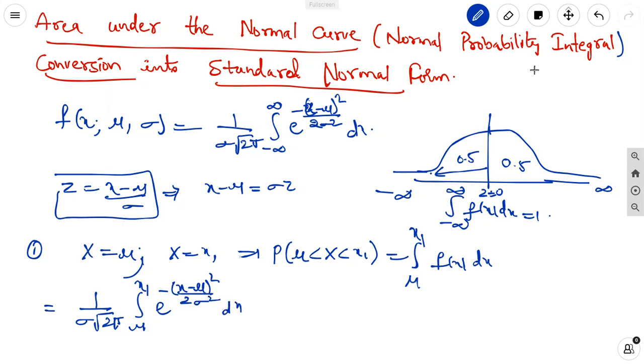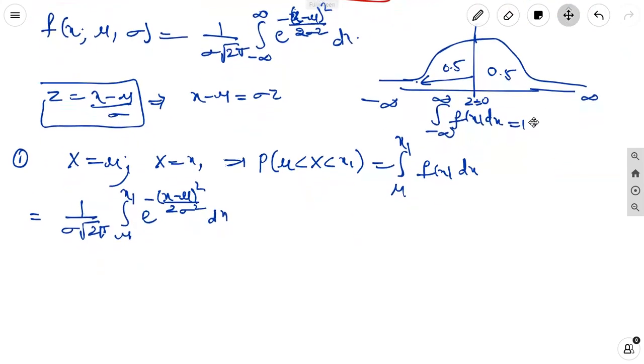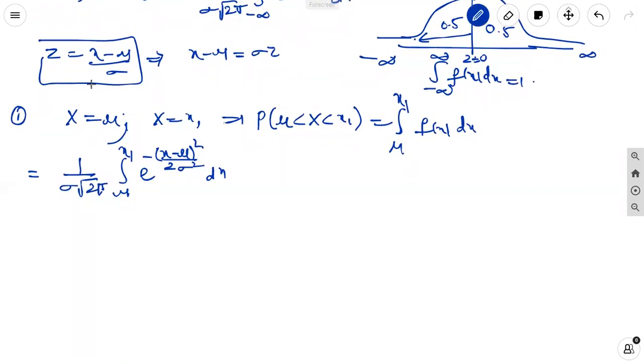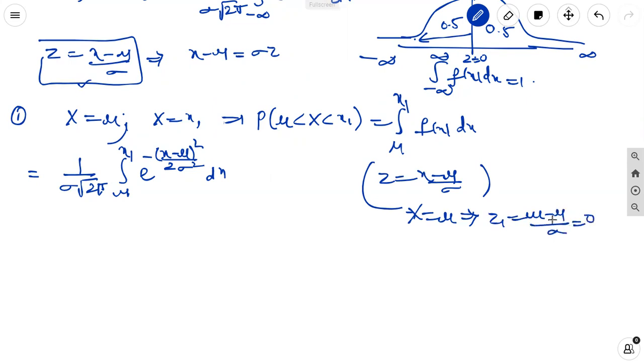From this, we can convert into standard form by taking z equal to (x minus mu) by sigma. Now we take the limits. When x is equal to mu, that is the lower limit, z1 becomes (mu minus mu) by sigma, which is equal to 0.